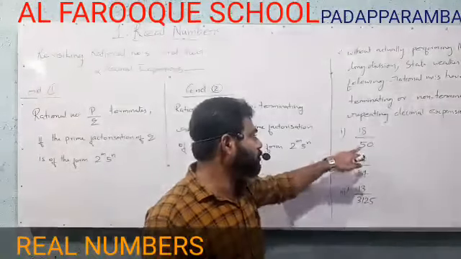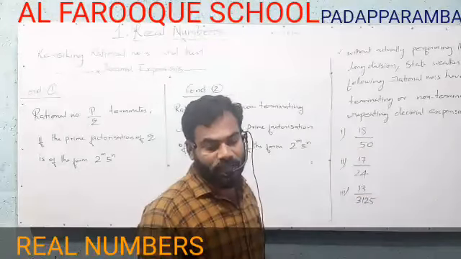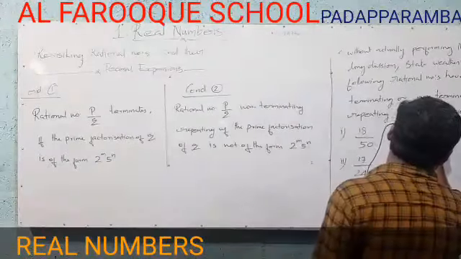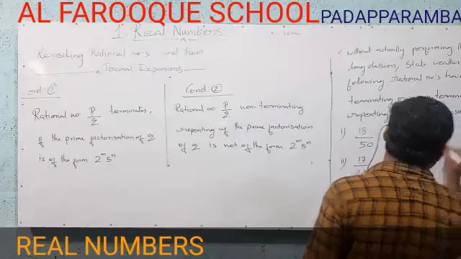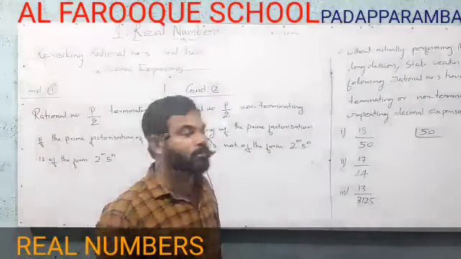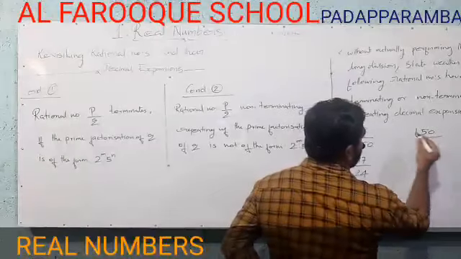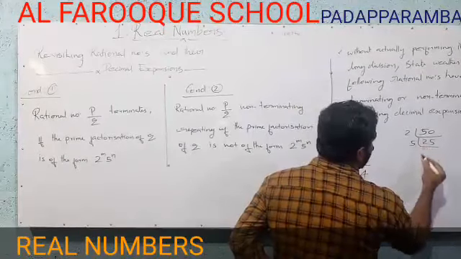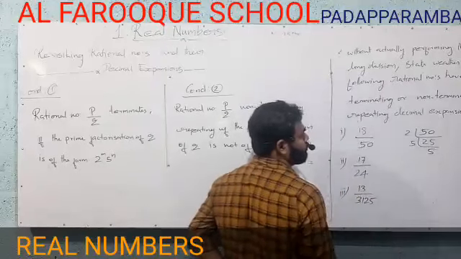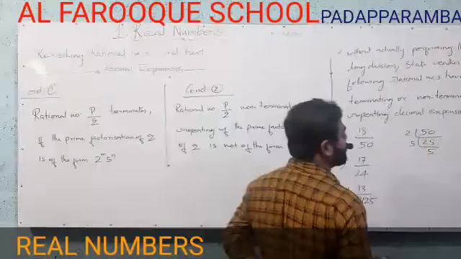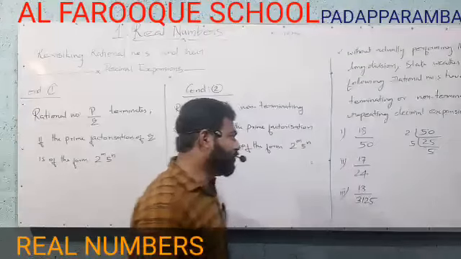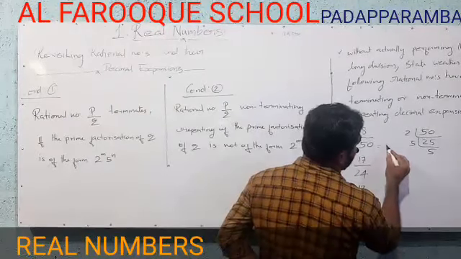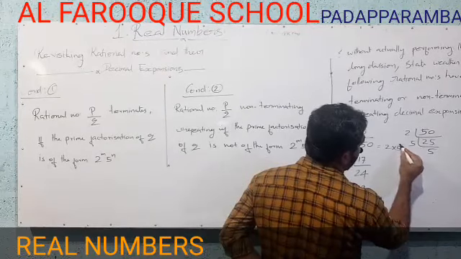In the first question, the denominator is 50. Let us find out the prime factorization of 50. 50 divided by 2 is 25, 25 divided by 5 is 5. So the prime factorization of the denominator 50 can be written as 50 equals 2 into 5 square.